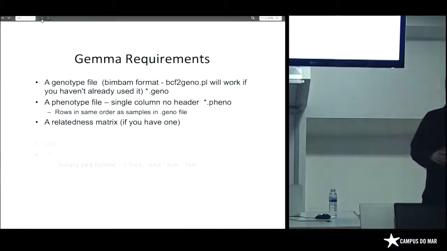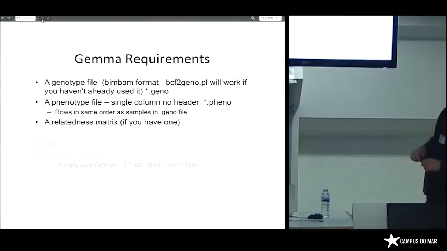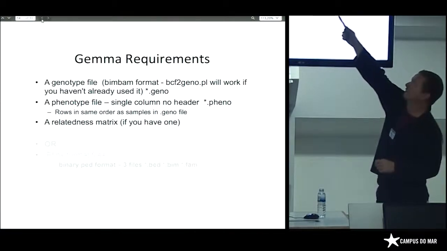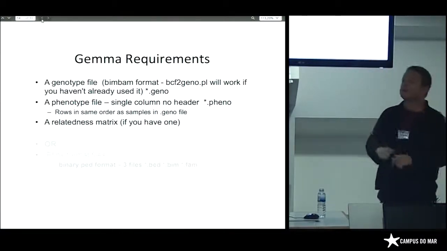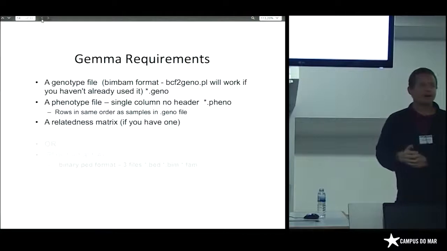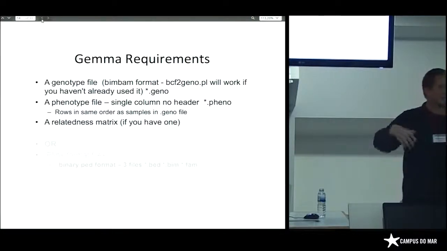So what we're going to use is BIM-BAM genotype format. And Victor has written a script for us. It's BCF to Geno. Now, of course, we mapped all our reads onto our de novo assembly, and then we called SNPs overnight. And that's why we started up first thing this morning, and here we are, because we called our SNPs last night.